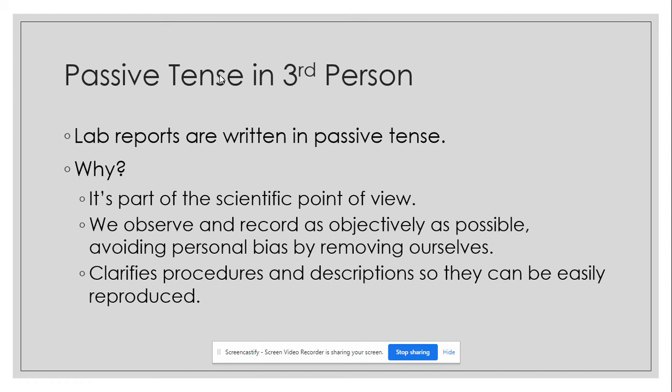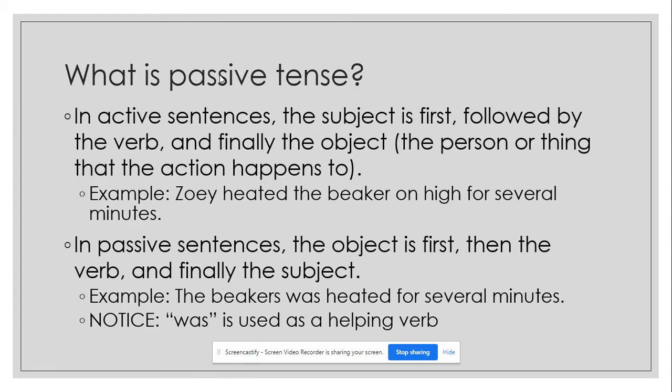We observe and record as objectively as we possibly can. We don't want to add any personal bias in there, so we remove or avoid that personal bias by removing ourselves from the lab report. It also helps clarify procedures and descriptions so they can be easily reproduced or redone.